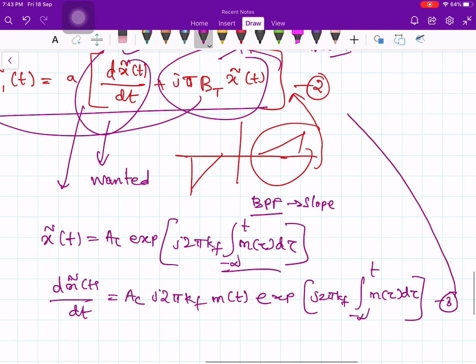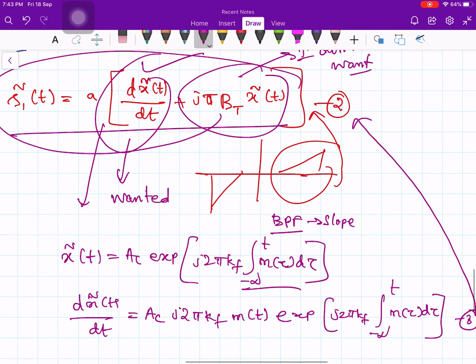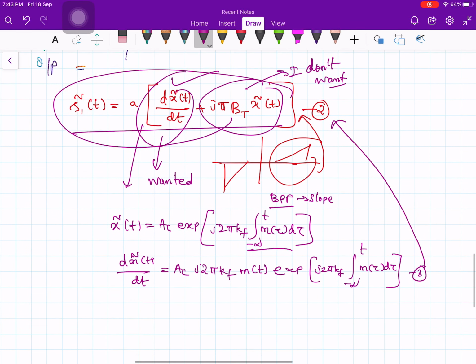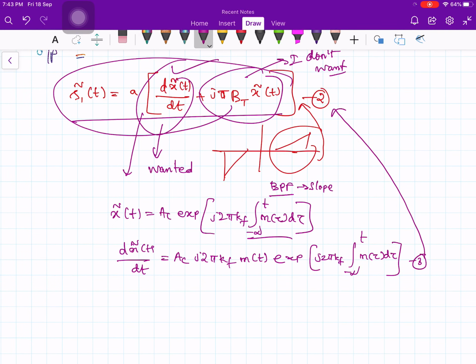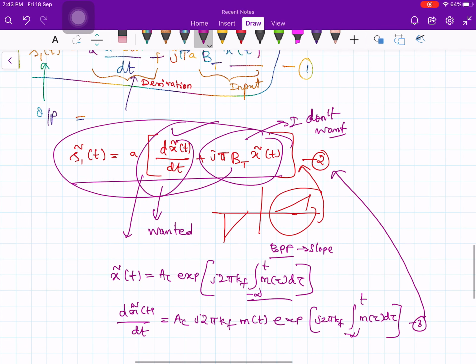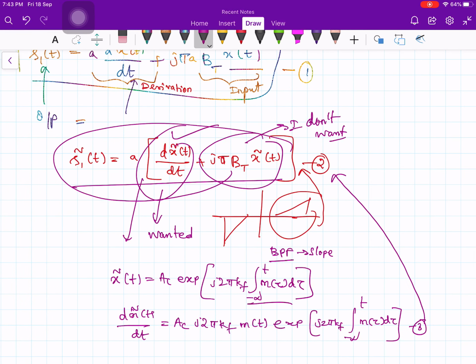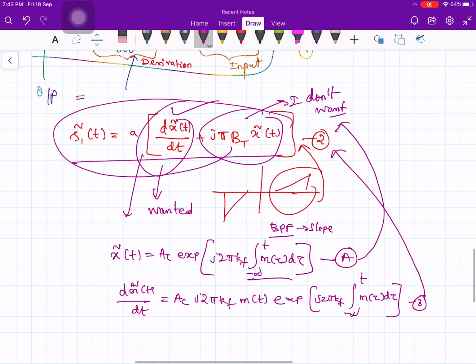Substitute this equation 3 in equation 2, and equation 1 also you can, let me say this is equation A, and this also you can substitute in equation 2. Then your S1 tilde of t, if you simplify this, I am writing the final expression.